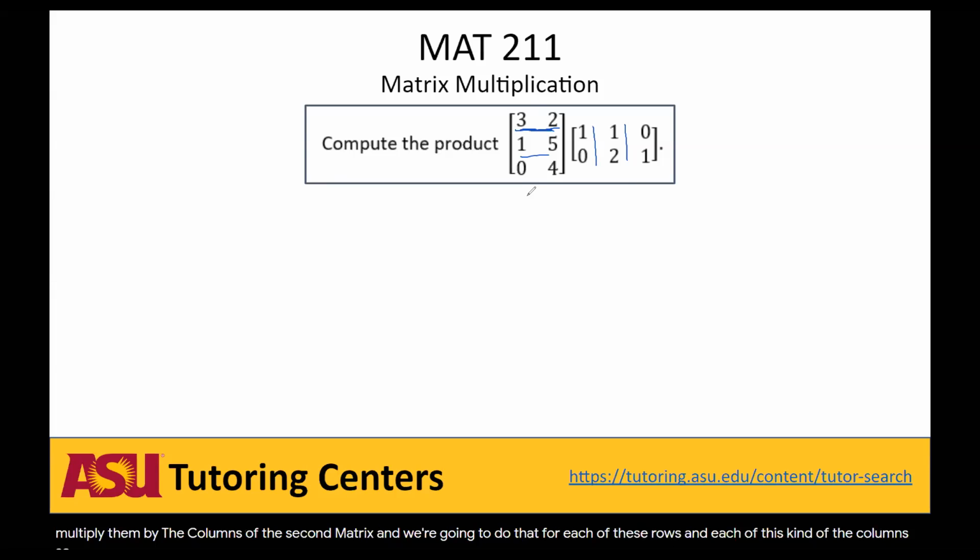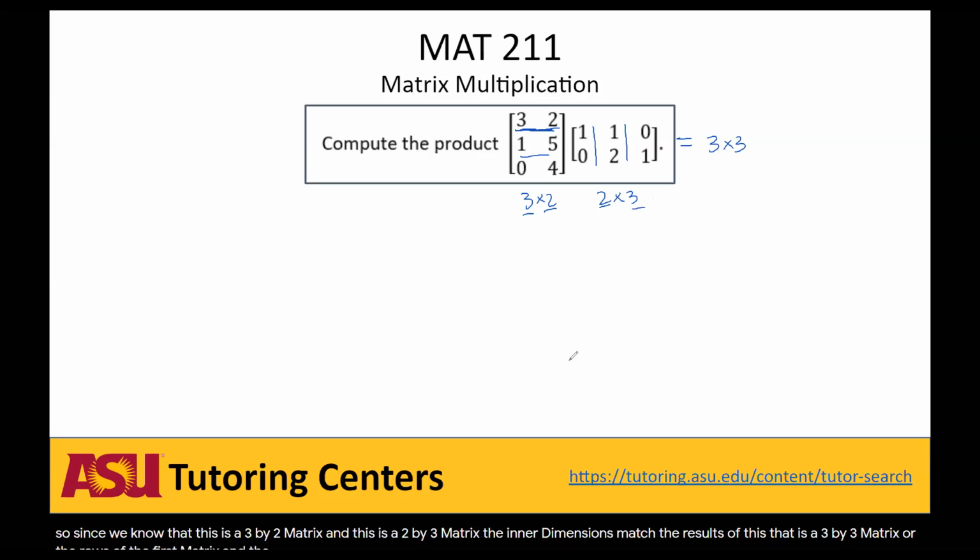Since this is a 3 by 2 matrix and this is a 2 by 3 matrix, the inner dimensions match, and the result is going to be a 3 by 3 matrix, the rows of the first matrix by the columns of the second matrix. So let's see how this is going to work, and we'll write this out so it's clear.